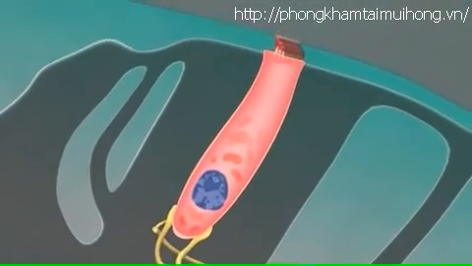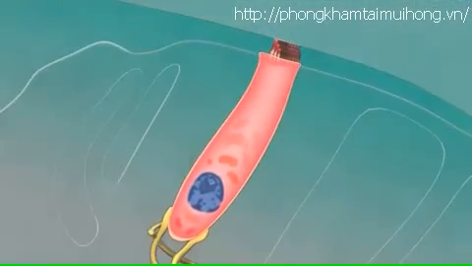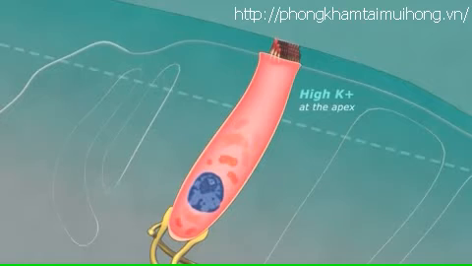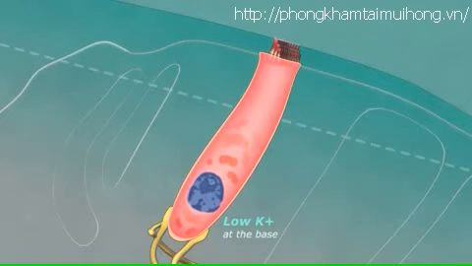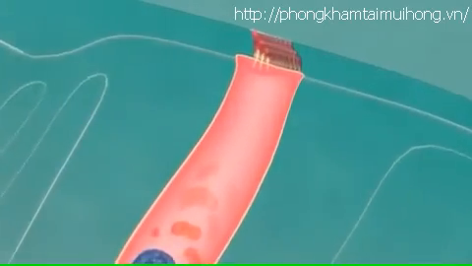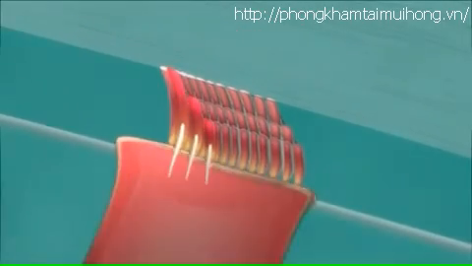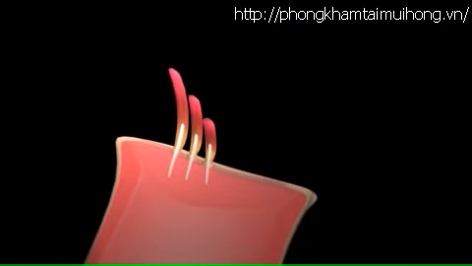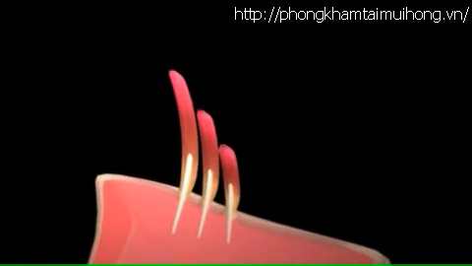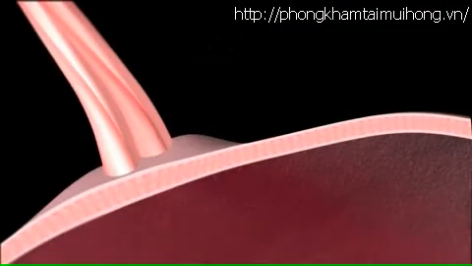The apical portion of the hair cell is bathed in high potassium solution, and the base of the hair cell is bathed in potassium pore solution. This causes the opening of mechanosensitive channels, allowing potassium to flow into the cell, leading to depolarization.